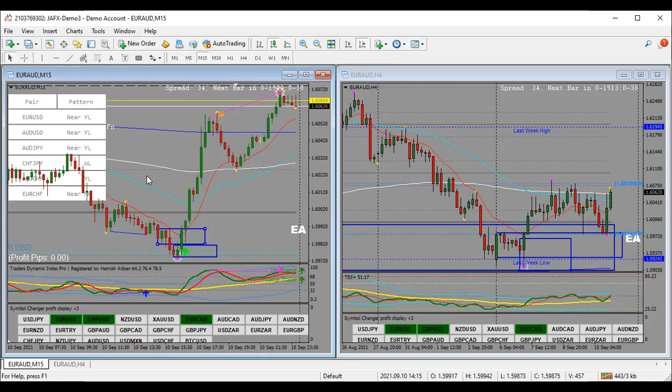When do we take profit? Normally the take profit is in the range of 30 to 50 pips. On a volatile day, it runs up to 50, 60, 70. But when it's not volatile, it runs 30, 25, 40.